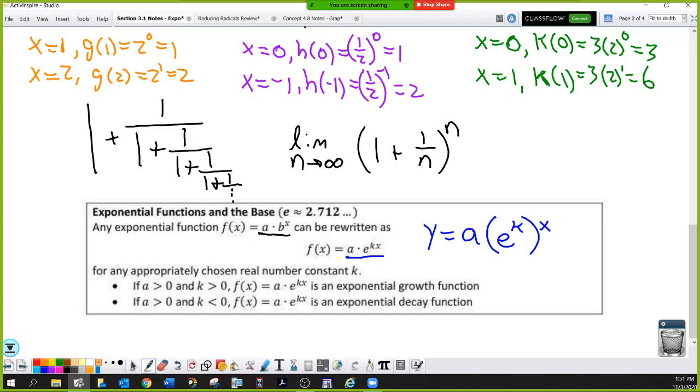So that's up to you to see. Basically, e with the negative exponent, decay, e with a positive exponent, growth. And that k value would be known as the growth factor or decay factor, I believe. No, maybe not. That's only when you're talking about b. It doesn't work for k as well. Oh well.